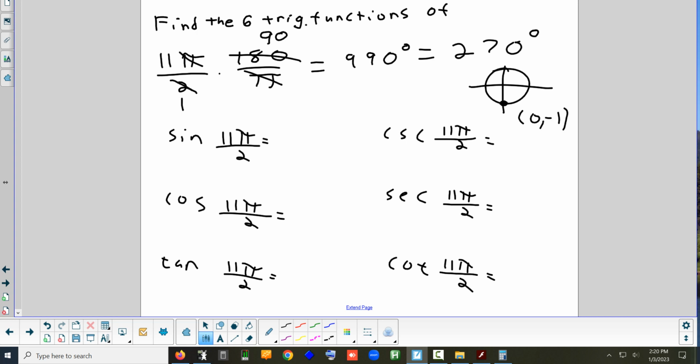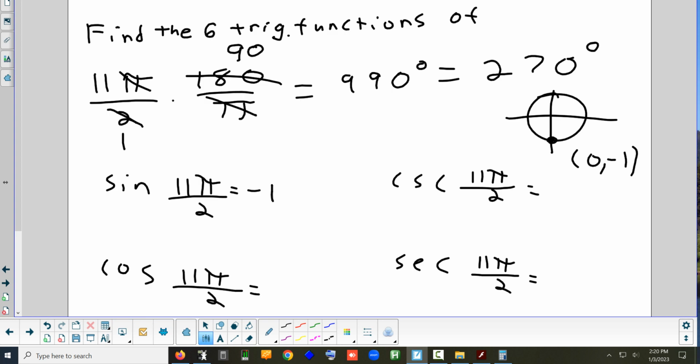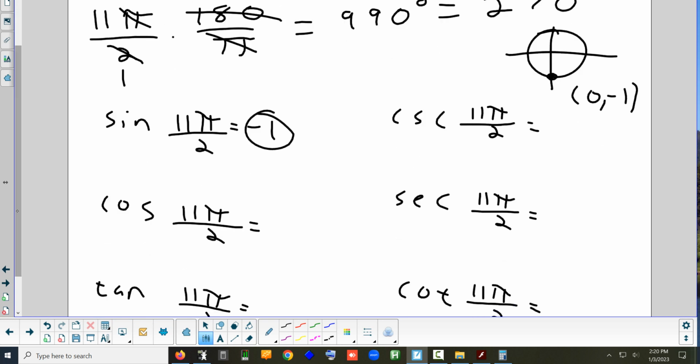Okay, let's fill them in and then see what we get. Remember, 0 in the top of a fraction, no problem, that's good. 0 in the bottom, can't do it. Okay, Sam, what's my sine? Y. Yep, and in this case, y is -1. Okay, Grady, what about my cosine?